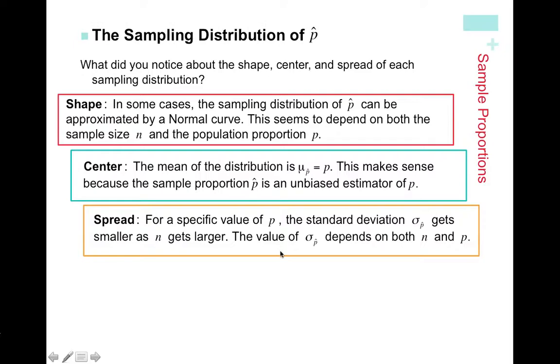And that is something that's always going to be the case. The bigger the sample size, the smaller the standard deviation will be. The value of sigma, the standard deviation of the sample proportions, depends on both n and p. So our sample size and our population proportion changed the overall spread of our data.